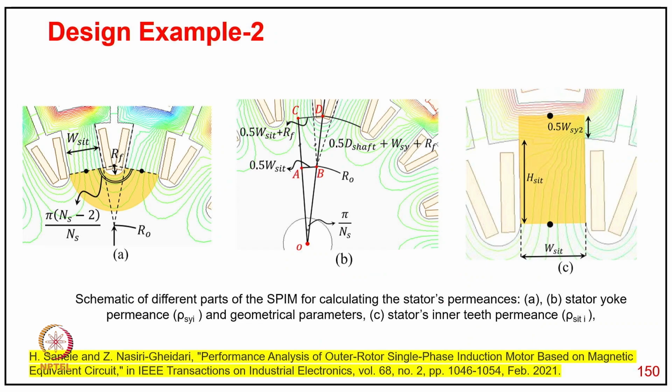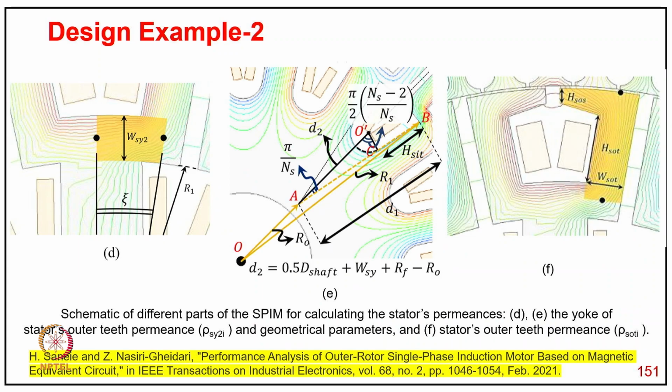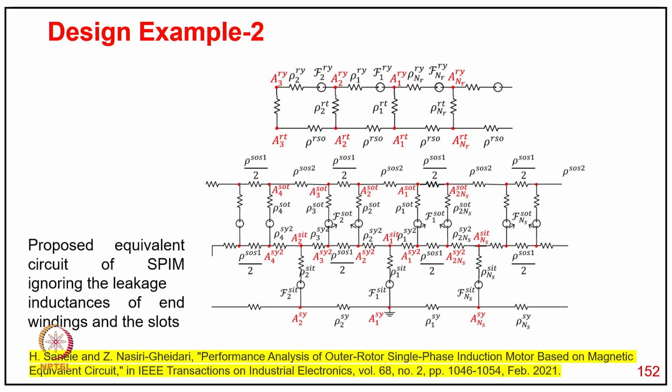And then typically the schematic of different parts of a single phase motor, calculation of stator permeance, stator yoke permeance, of course to calculate the performance, these parameters for the magnetic equivalent circuit. The schematic of different parts of the single phase motor, calculating stator permeance, yoke, and stator teeth permeance. Then the proposed equivalent circuit of single phase, ignoring the leakage reactance of the end windings of the slots.